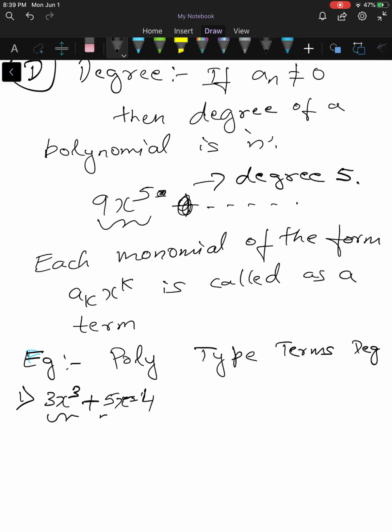So here you have addition of 3 monomials. Therefore, what is its type? It is a trinomial.